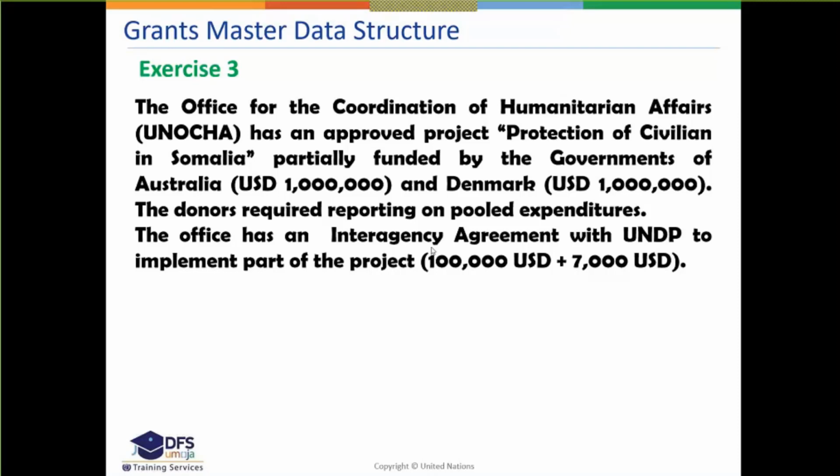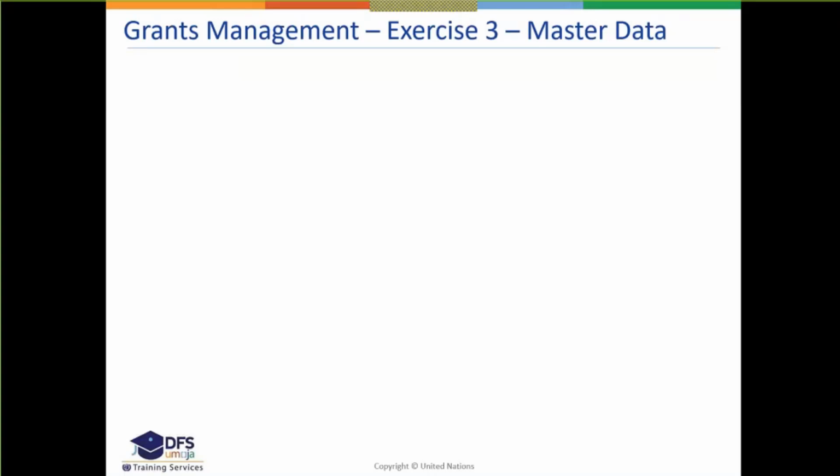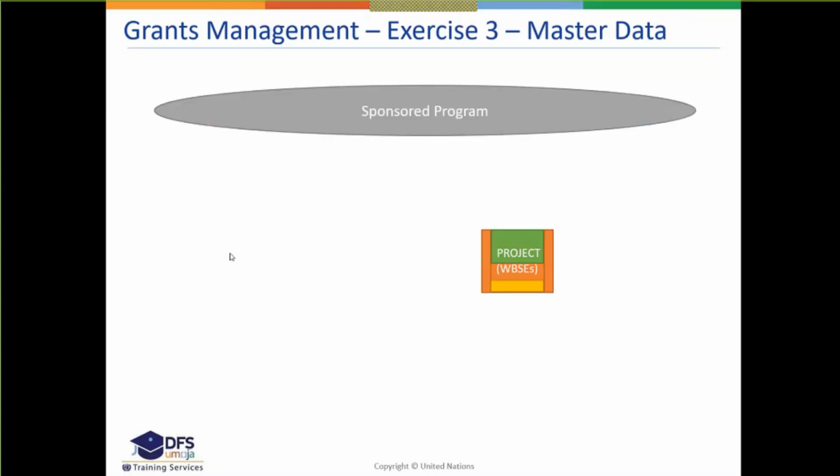Let's do the exercise that we did yesterday as well. First of all, which grants management and cost management master data are we going to create in the system? I need your help. I start as usual. Sorry, this should not come in the first place, but okay, it's a clue.